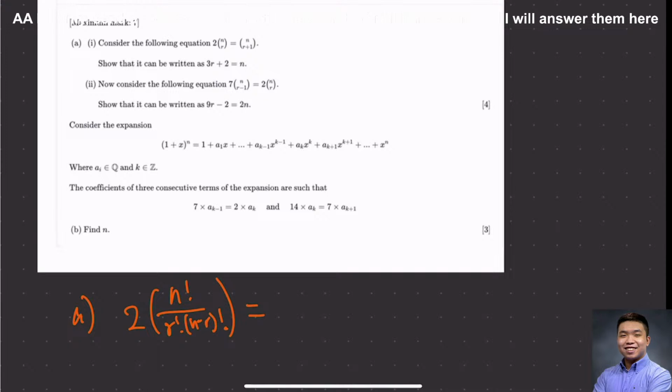If we're going to do this, we can simplify it. How? We can do 2, and then n factorial over n minus r factorial.